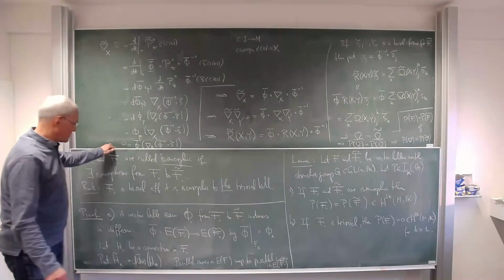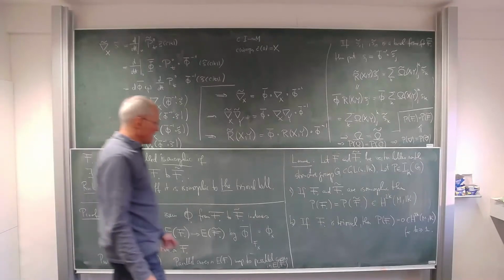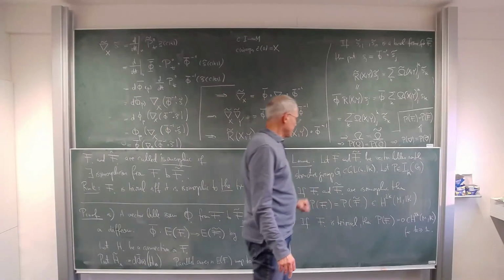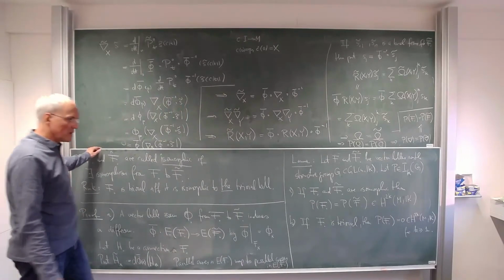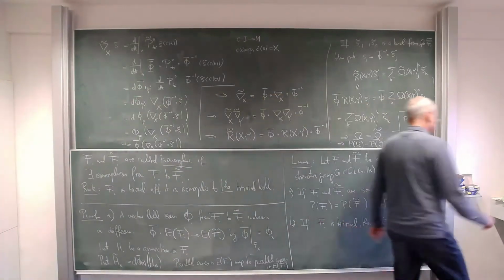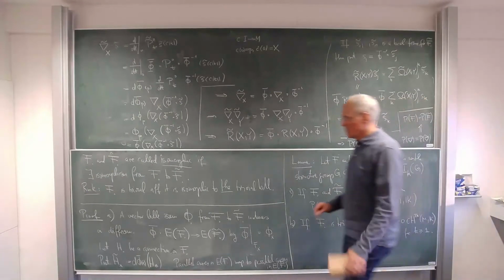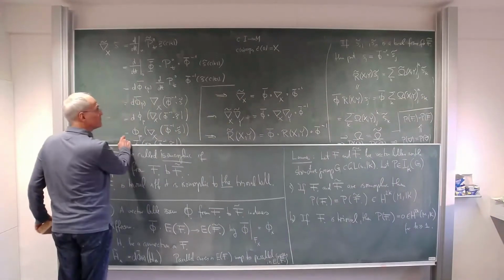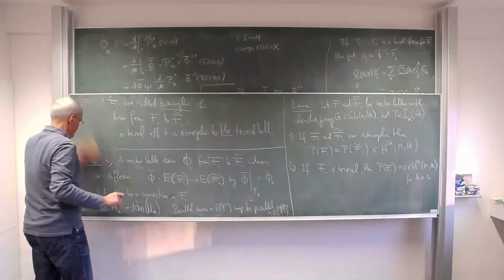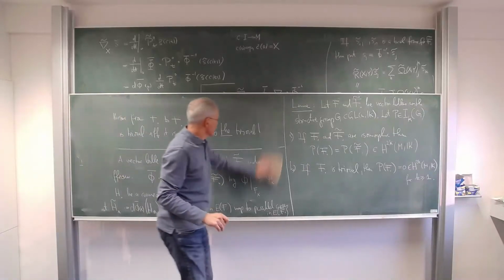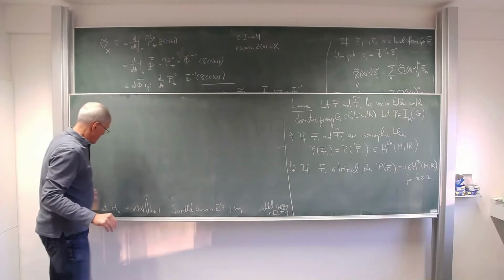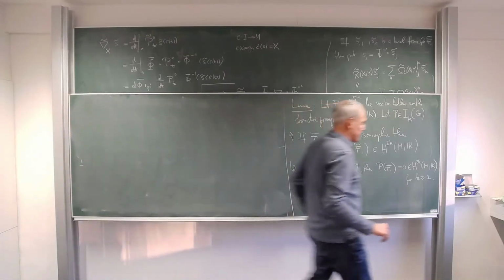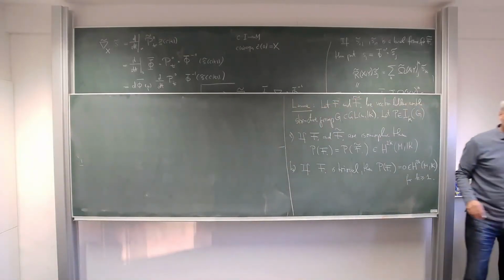So this is part A of the lemma. If you have two isomorphic bundles, then they have the same characteristic classes. And the second statement is in principle a special case of that. Namely, being trivial means that the bundle is isomorphic to the trivial bundle.